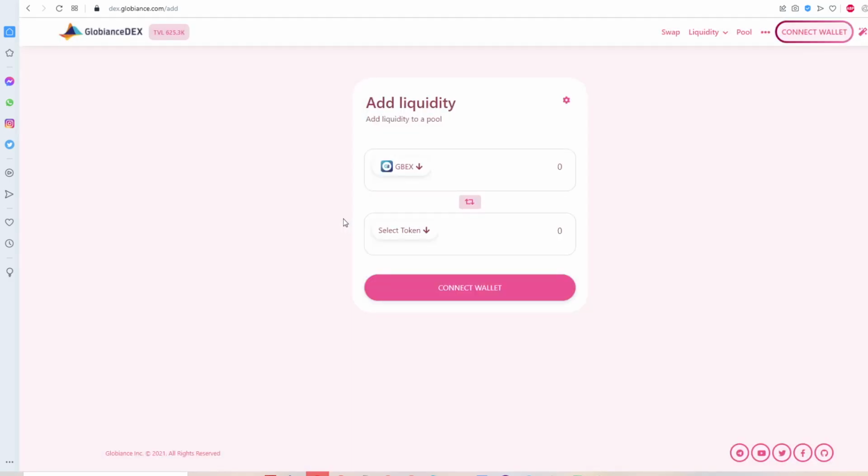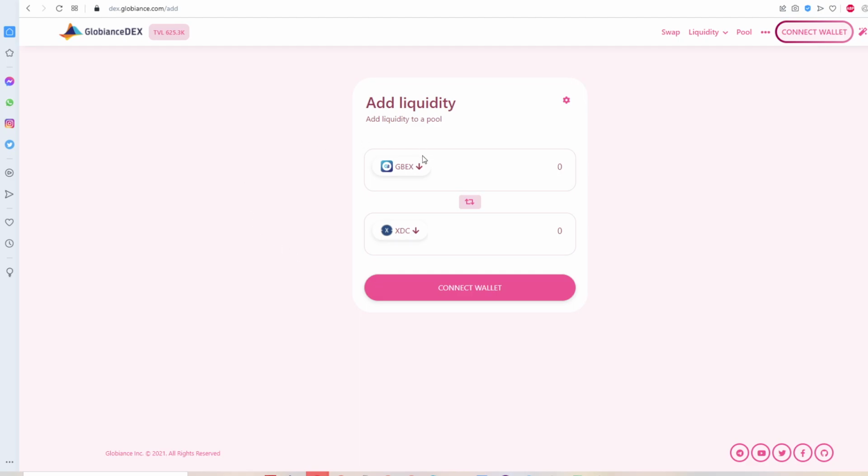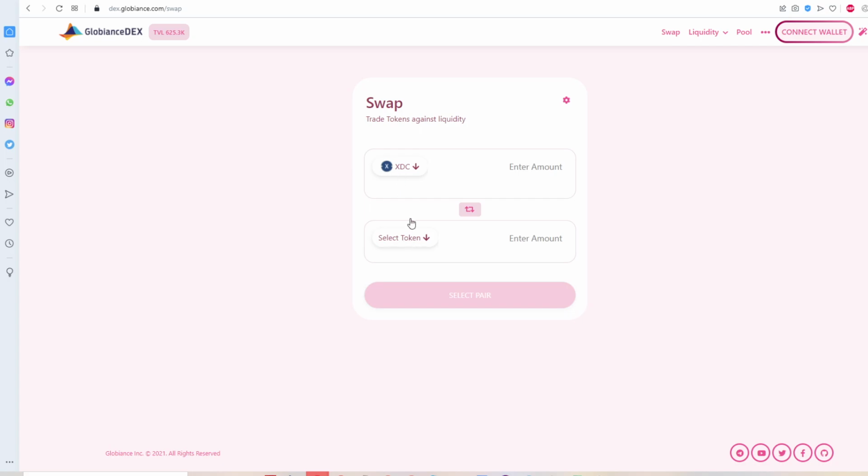I didn't know before how that works. So maybe the video helps some people before they withdraw, so they know they actually need 2 things. Yes, I can withdraw my GBEX, but I maybe need to swap some of it first for something else in order to have both amounts.